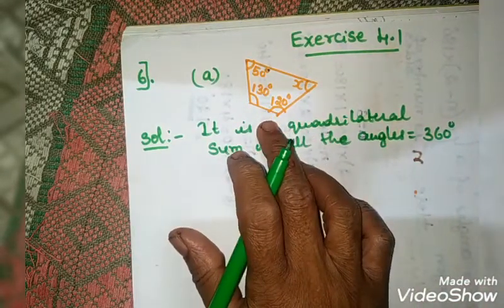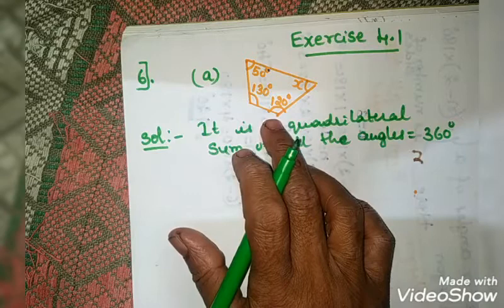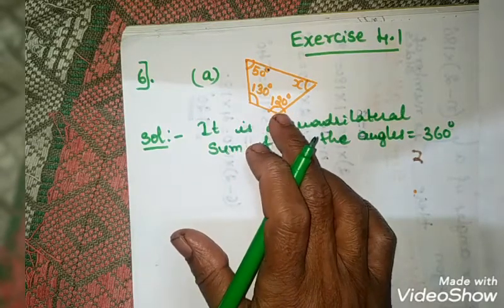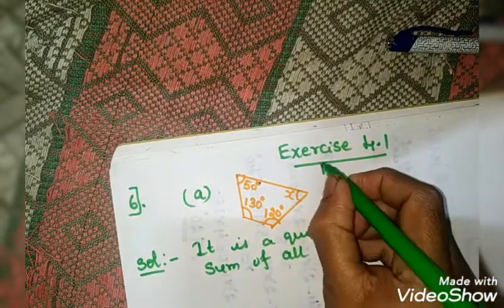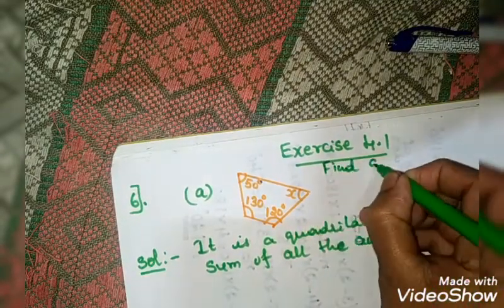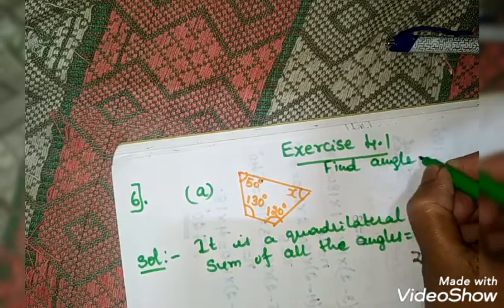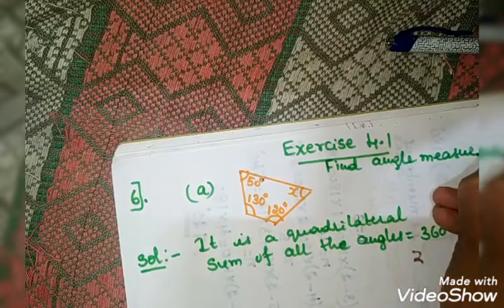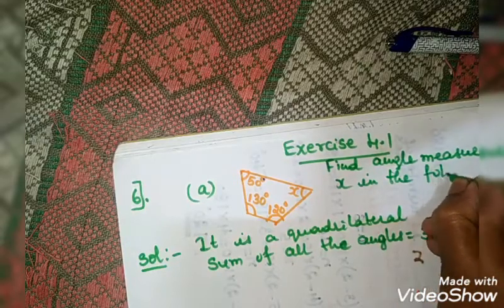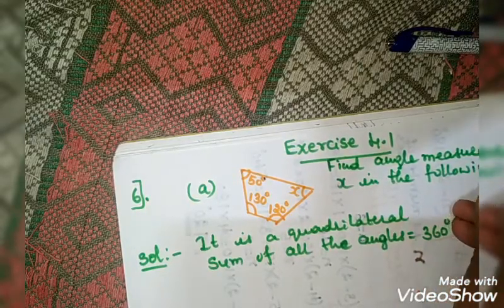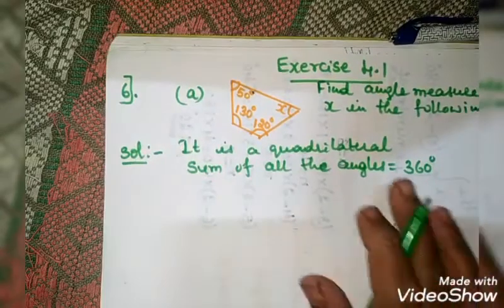But what they gave here, children, what we have to do actually in this: find the angle measure x in the following figures. We have to find out the value of x in this sum.